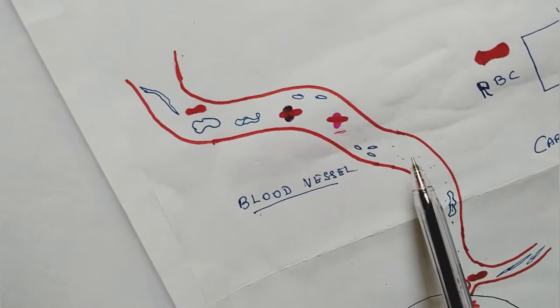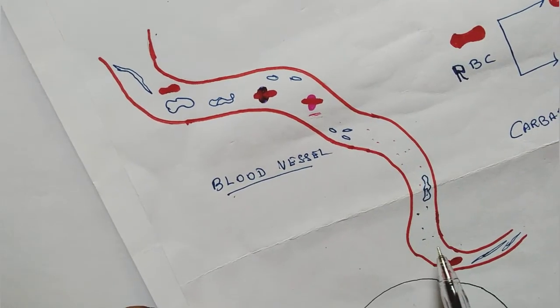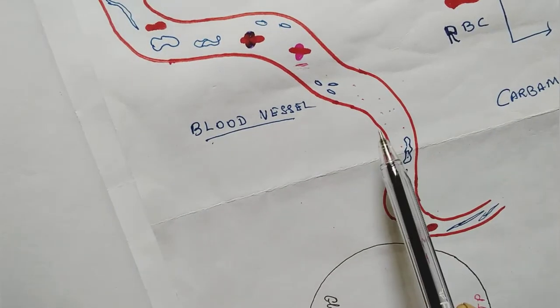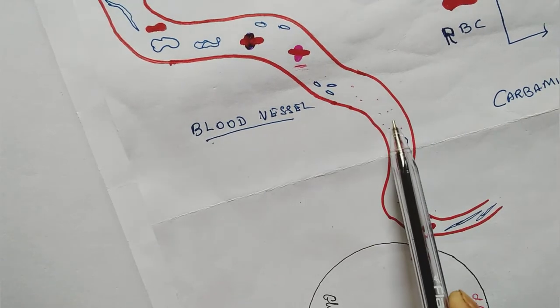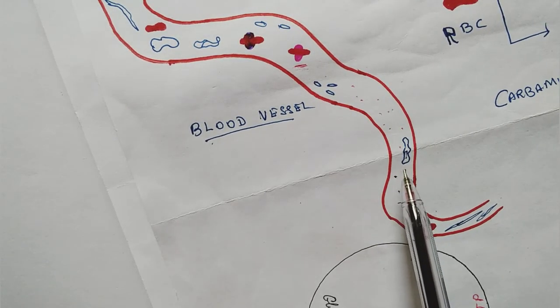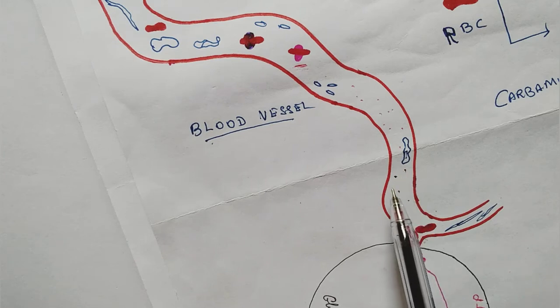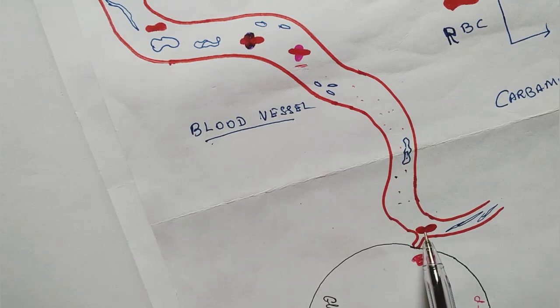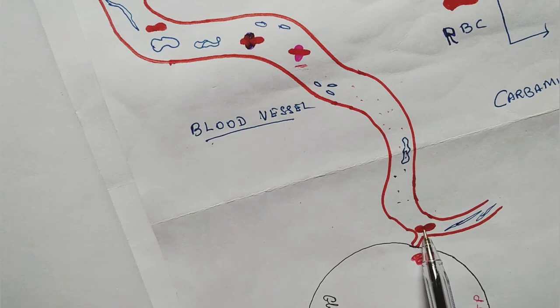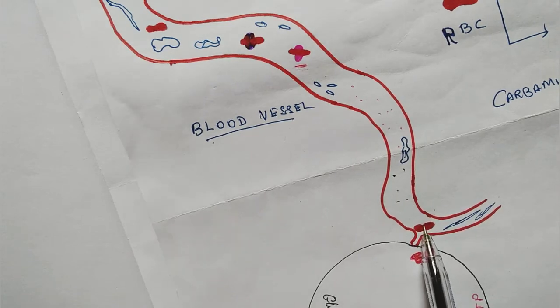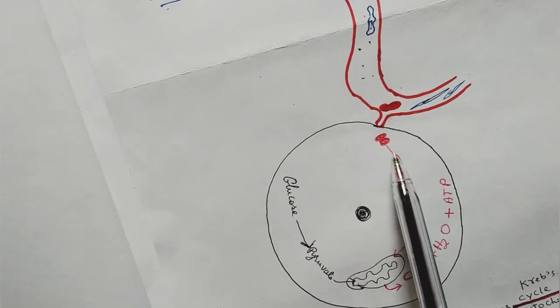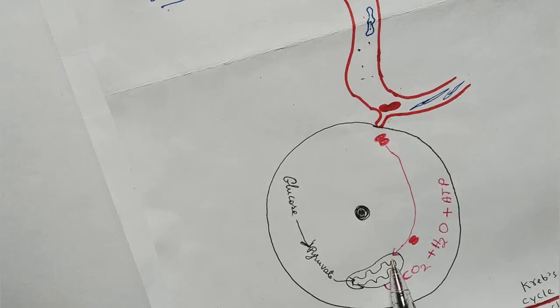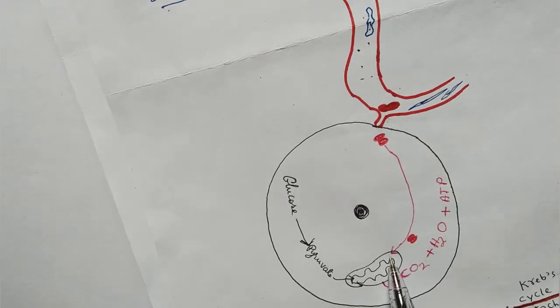So this oxygen it has to carry to reach into the cells. And at the same time, you see there are so many other structures because the blood carries the food also, then the other substances too. So once it reaches near the cells, it will throw away this oxygen, and that oxygen gets entered into the cytoplasm of the cell, and from the cytoplasm that oxygen will enter into the mitochondria.